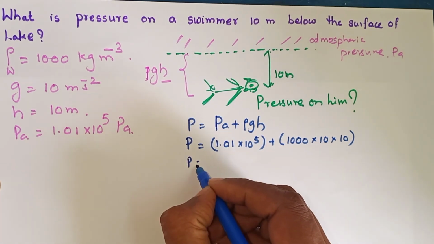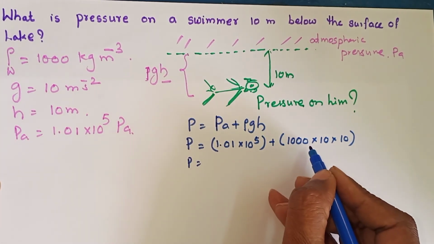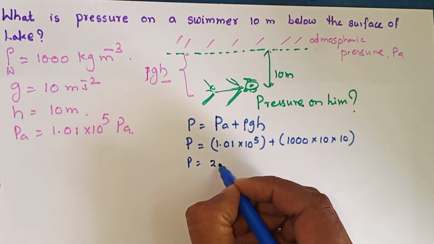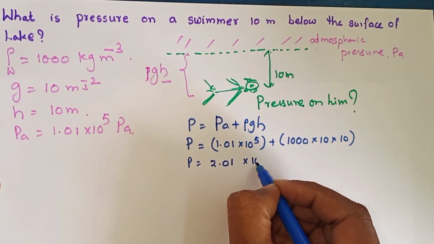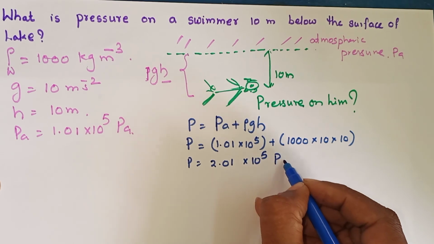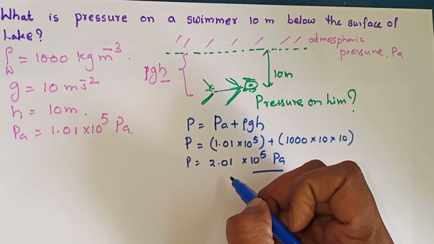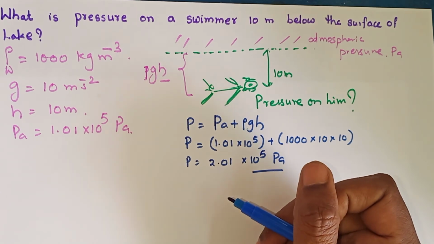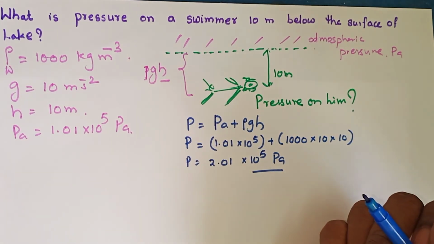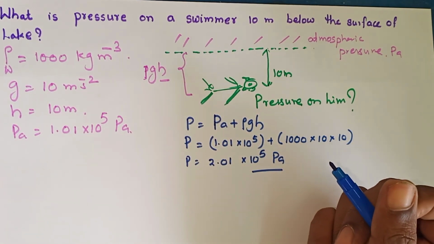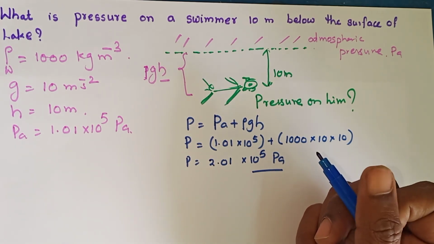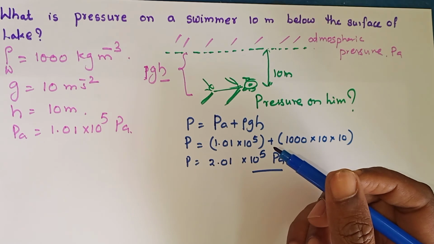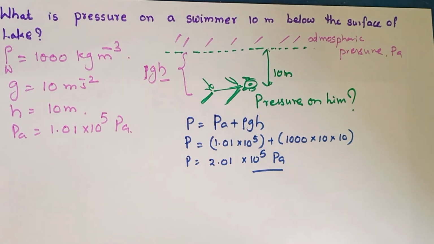You can simply write it as 1.01 plus 1, which is 2.01 times 10 power 5 Pascal. This is the actual total pressure acting on him by the fluid. So the swimmer experiences more pressure as he goes to more depth from the surface, right?